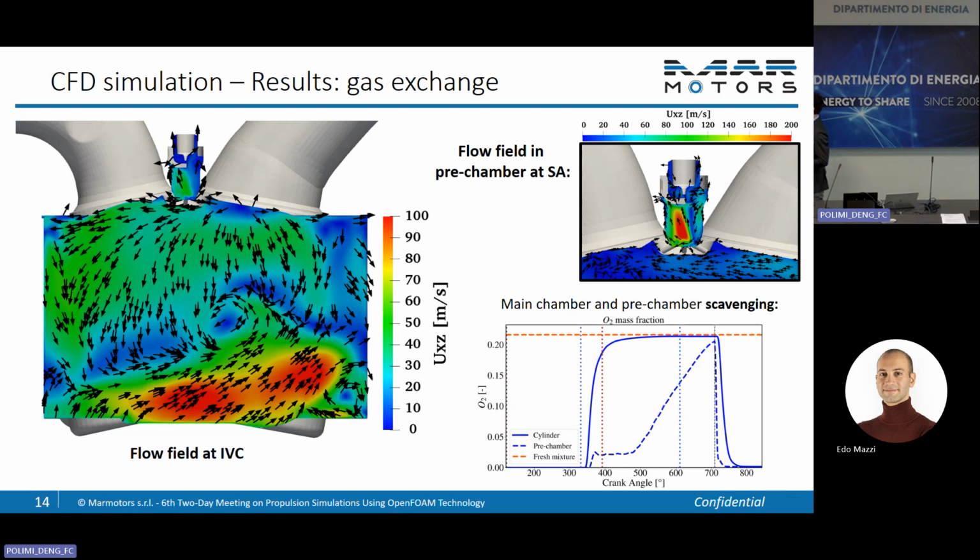And also, we had the possibility to map the engine at stoichiometric lambda and above one sometimes. So we had really good results in terms of efficiency of the engine.